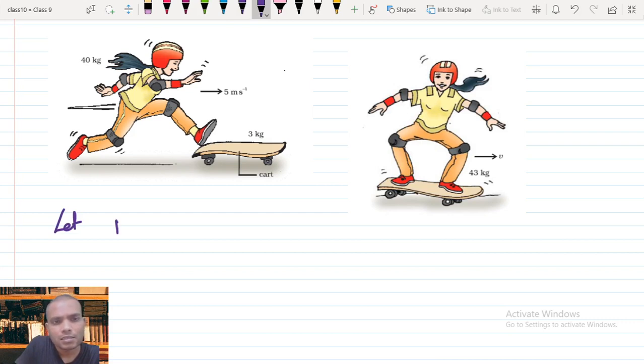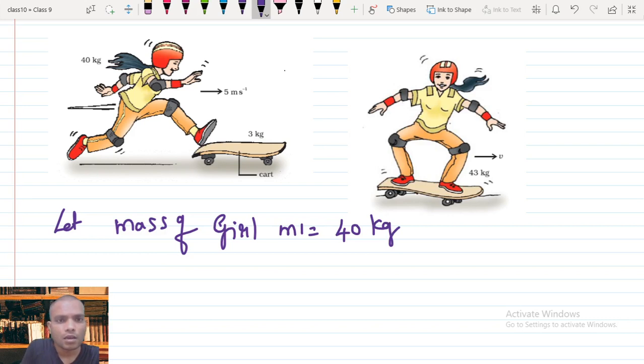Let the mass of the girl m1 equal to 40 kg, and the mass of the cart, the stationary cart, m2 equal to 3 kg.